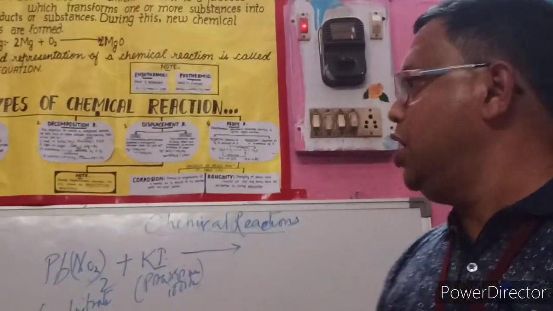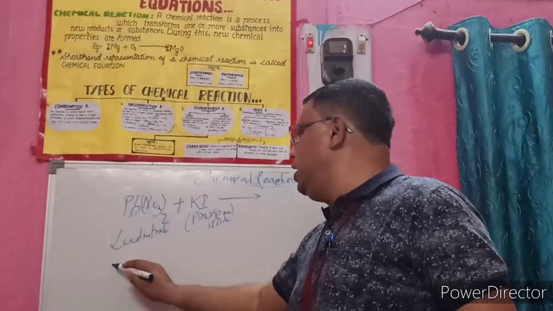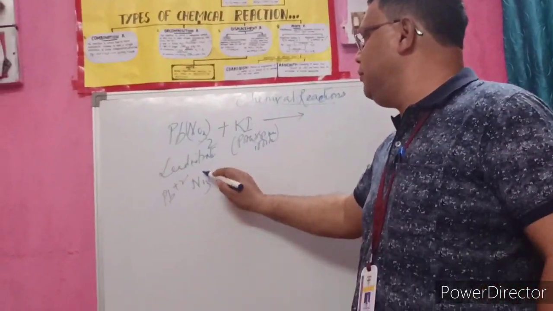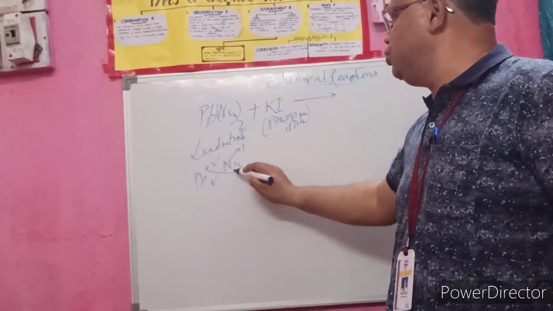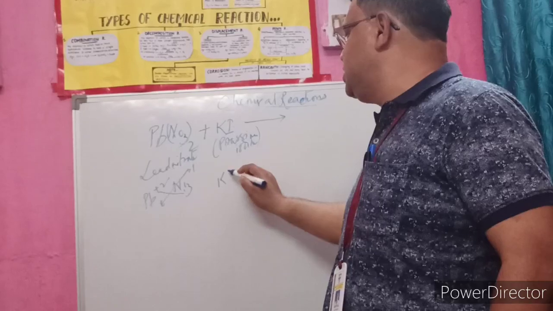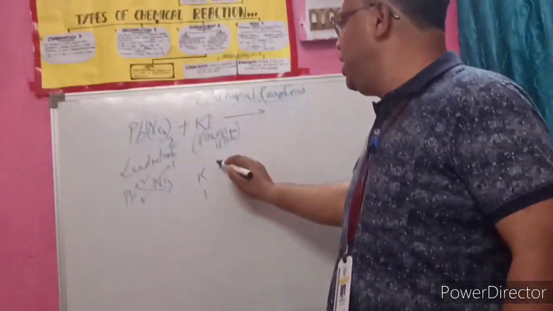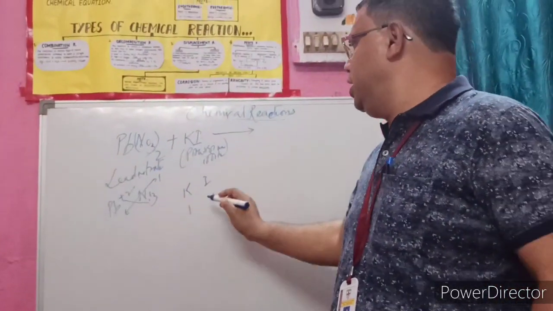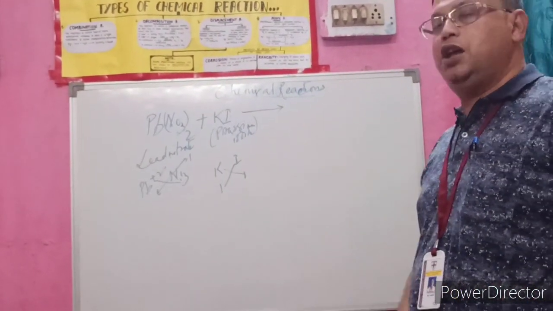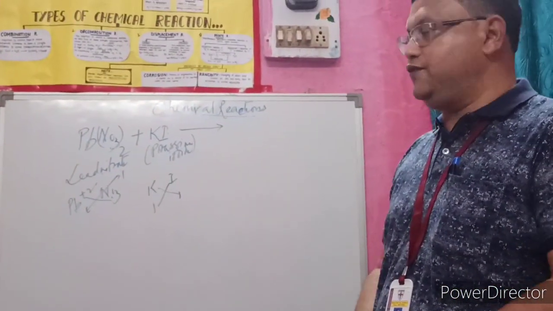Lead has valency plus 2, nitrate has valency minus 1, so by the crisscross rule it forms Pb(NO3)2. Similarly, potassium has valency plus 1, iodide has valency minus 1. It forms KI, so this is how the formula of potassium iodide is formed.